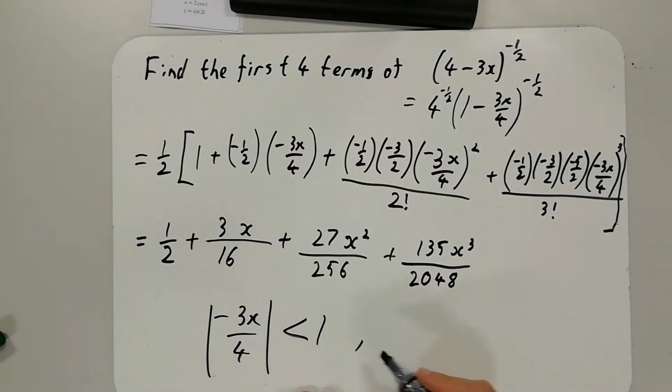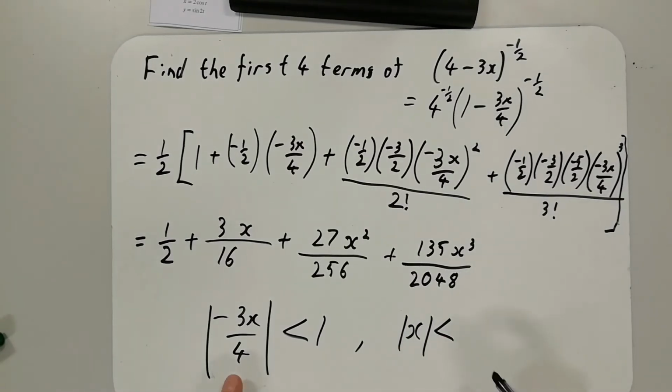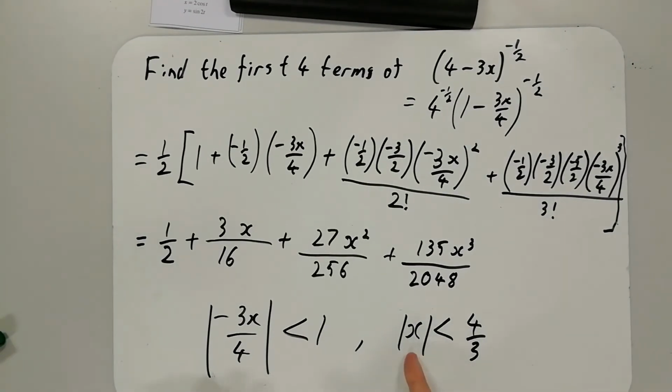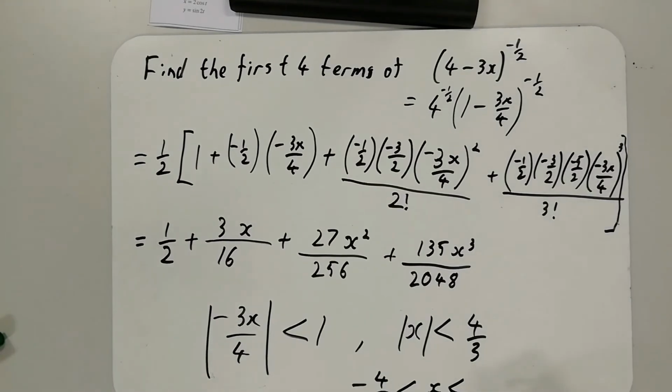So that must mean that the modulus of x is less than 4/3. Alternatively, because that's saying always take the positive, we could say x is greater than minus 4/3 and less than 4/3.